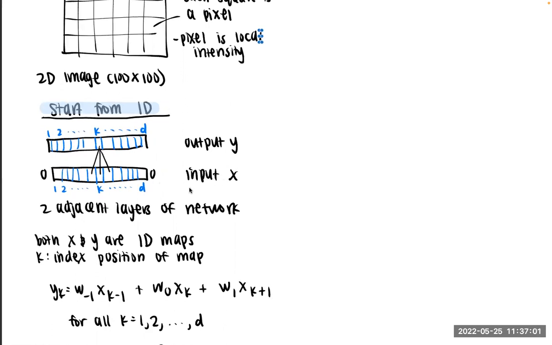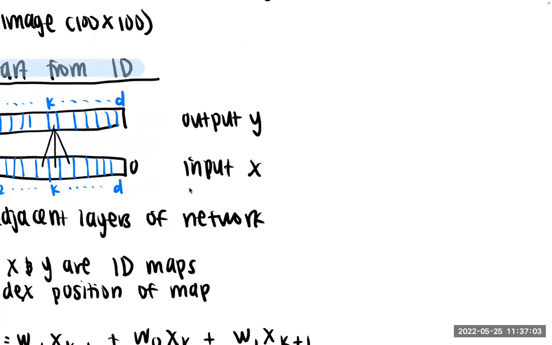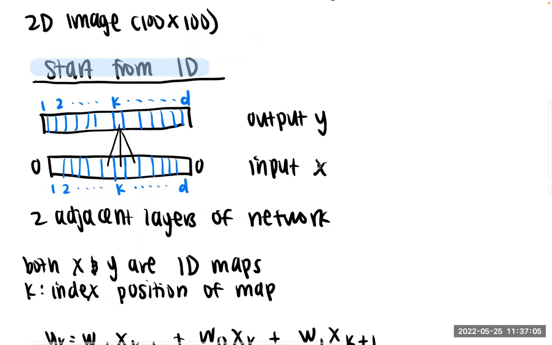So here we change the notation a little bit. x is a certain layer and y is the layer above, and y is computed from x. For the multi-layer perceptron, without any translation invariant or shift invariant constraint, x is a d-dimensional vector and y is a d-dimensional vector.